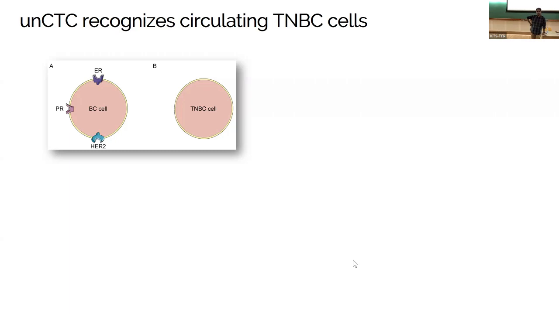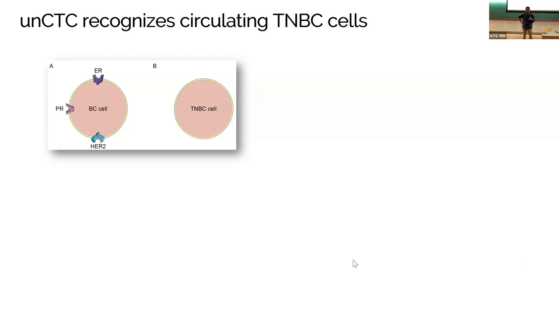So we thought, what will be the most classical application of this method? The most beautiful application is, can I use this method to determine circulating triple negative breast cancer cells, which are known to not show any markers? If you are claiming that your method can detect circulating tumor cells without any specific set of markers expressed on them, then can you detect circulating triple negative breast cancer cells? By the way, triple negative breast cancer is the most aggressive form of breast cancer.